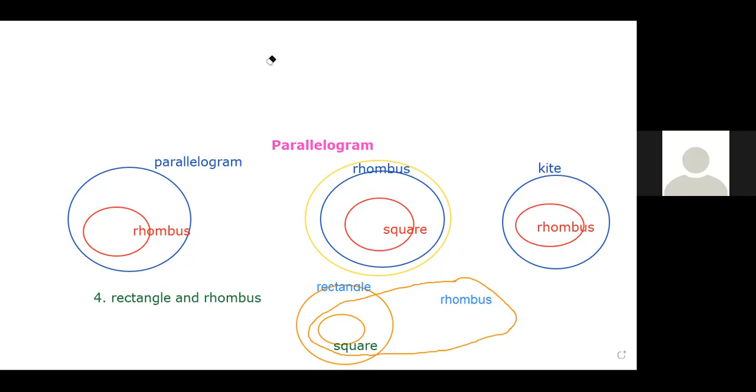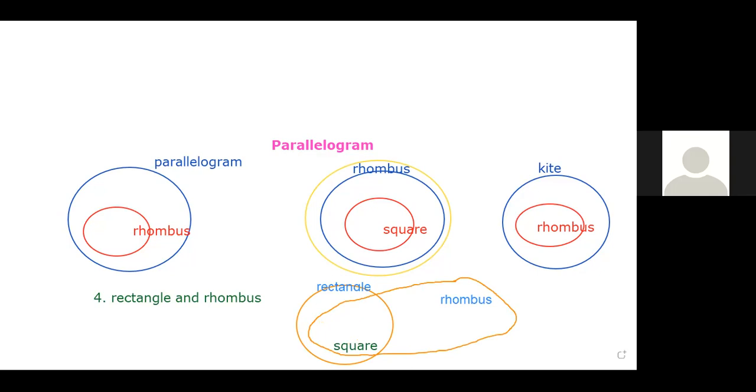Now, do we really need that little oval called square? Or maybe intersection. Yes, exactly. So we don't need this one.